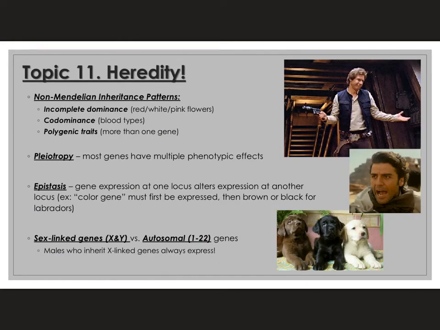Now, don't forget that we do have some non-Mendelian inheritance patterns as well, which in a couple cases here can still be Punnett squared. Incomplete dominance is the first idea. You might recall the classic example is snapdragon flowers, where you can get red, white, or pink.